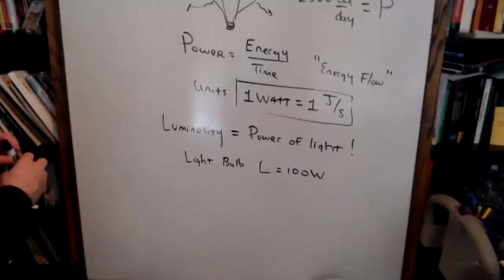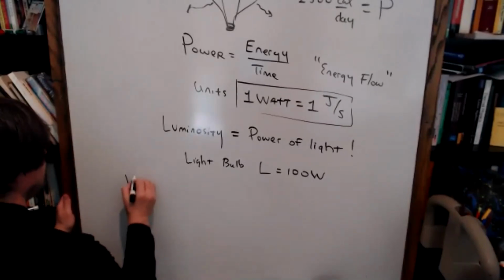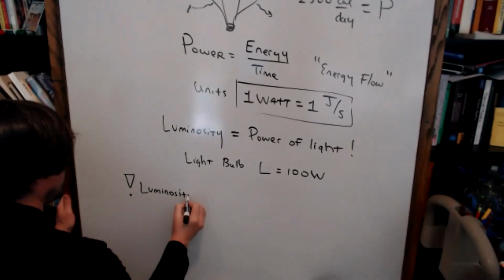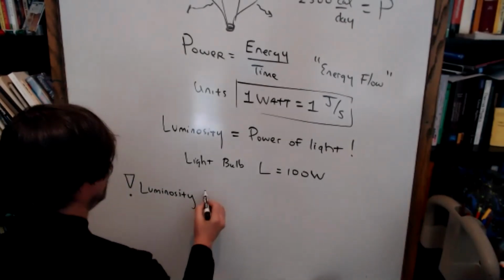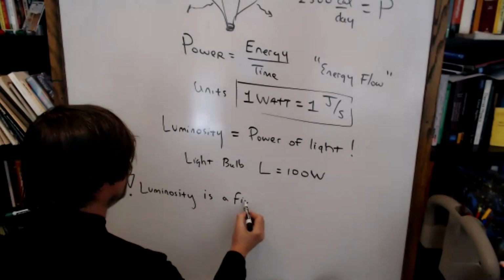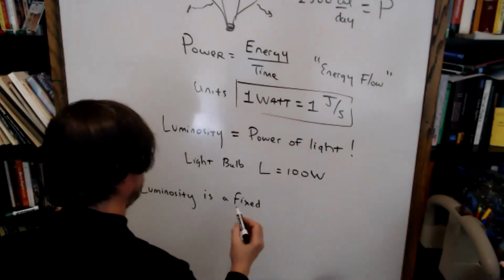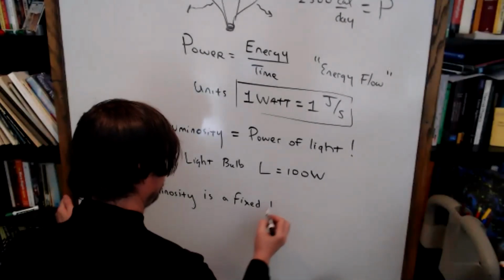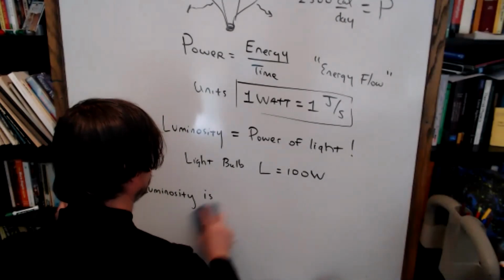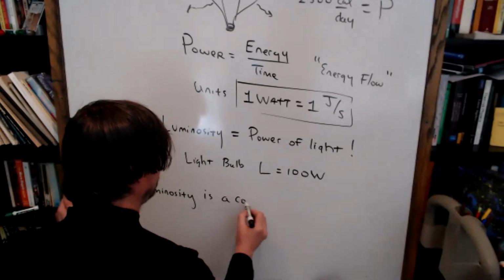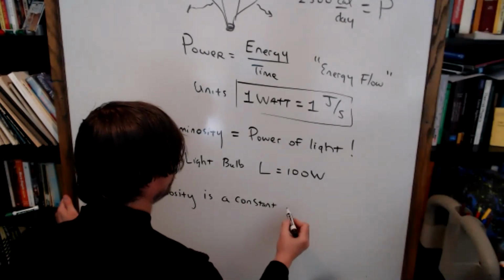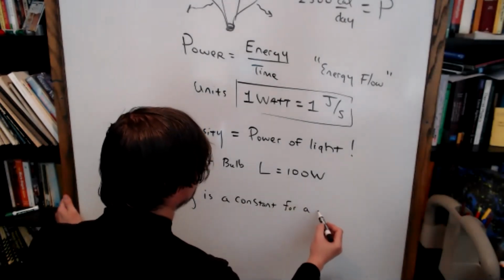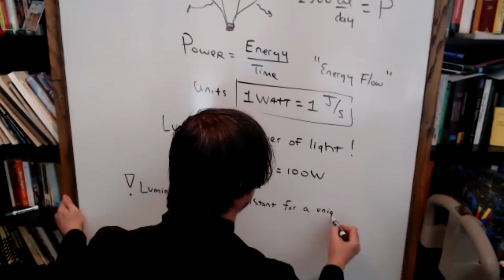Here's a key point about luminosity that we need to make. Luminosity is a constant for a single object or for a unique object.